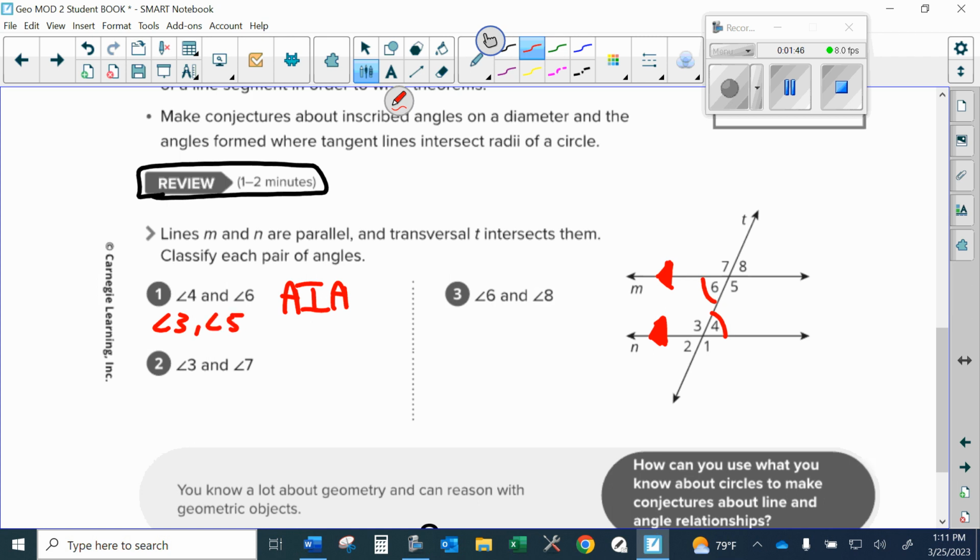Okay, angles 3 and 7 now. 3 and 7 are also congruent, but they are called corresponding angles.